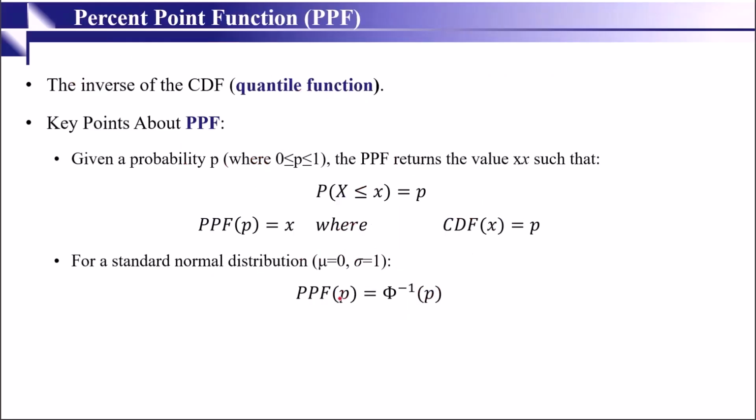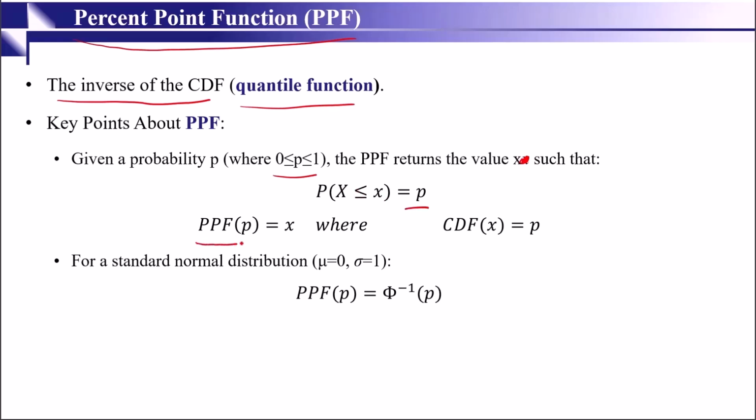We have a new terminology, percent point function, or PPF. This is simply the inverse of the CDF, or quantile function. We call it PPF or quantile function. If you have a probability P between 0 and 1, the PPF returns the value of X such that the probability of X less than or equal to x is equal to P. It's the other side, right?